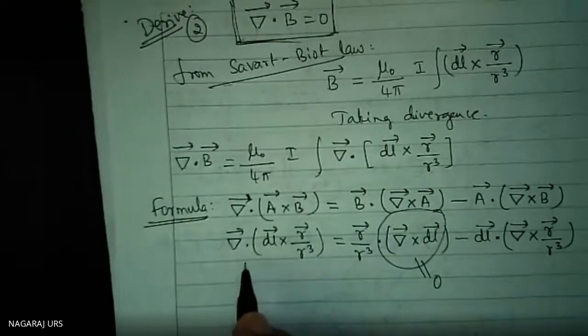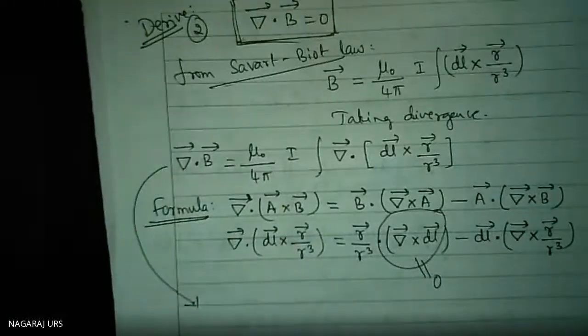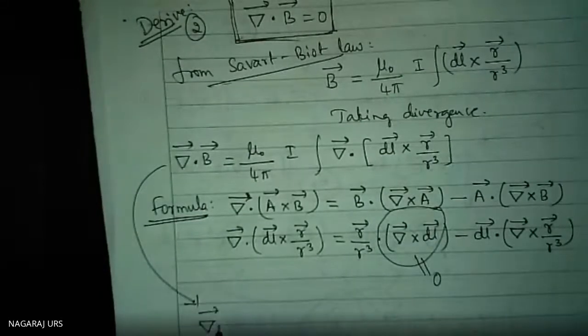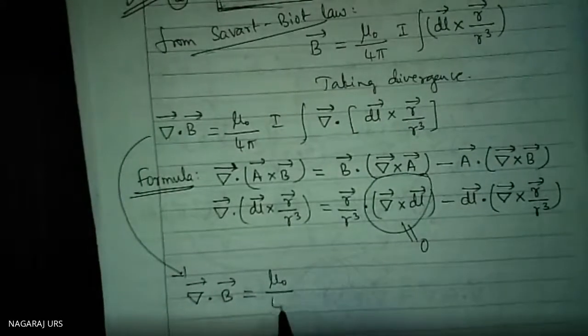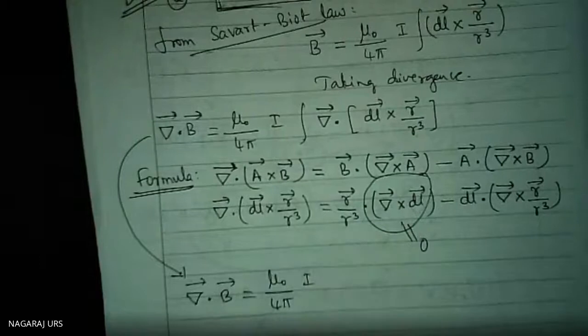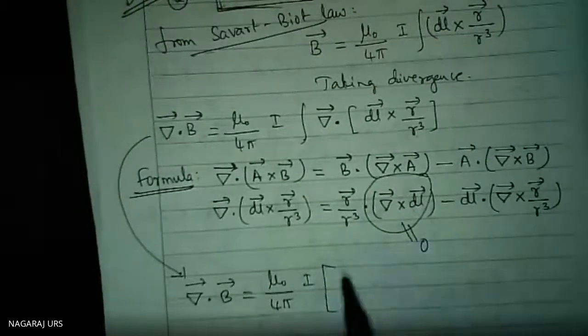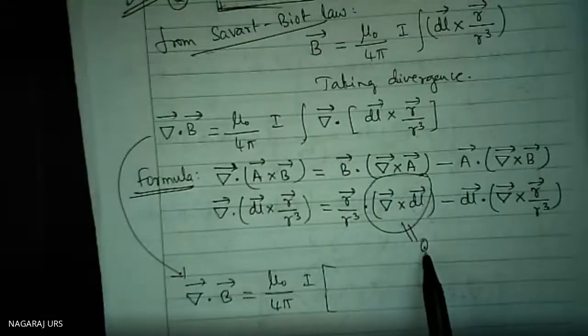Therefore, this value is equal to how much? Substitute all these things in that. So therefore, del dot B is equal to mu naught divided by 4 pi into I multiplied by this value, whereas this is equal to 0.